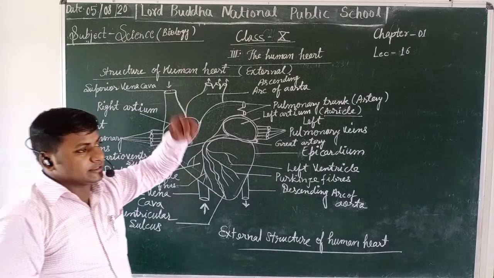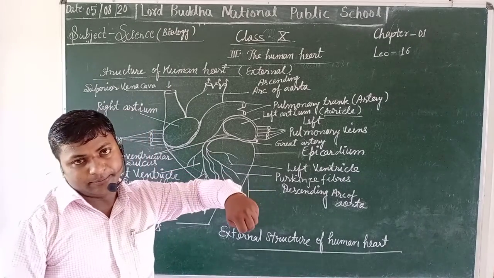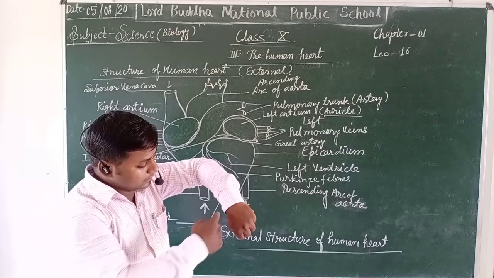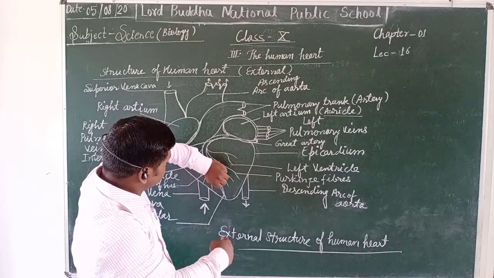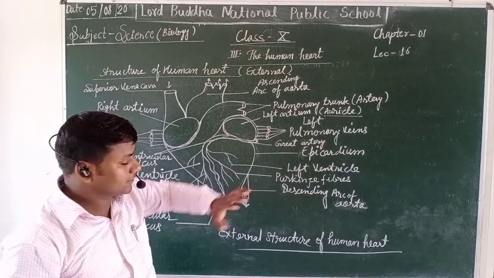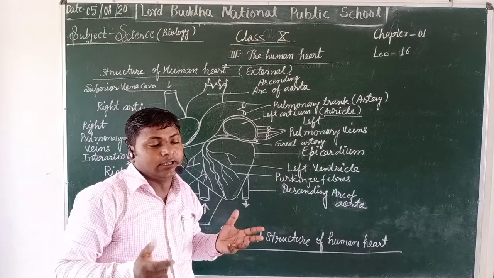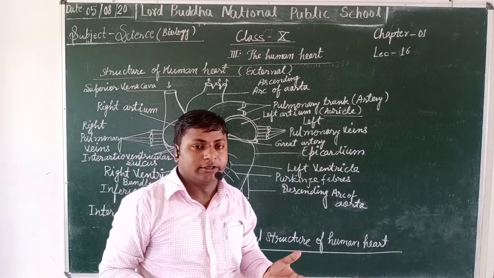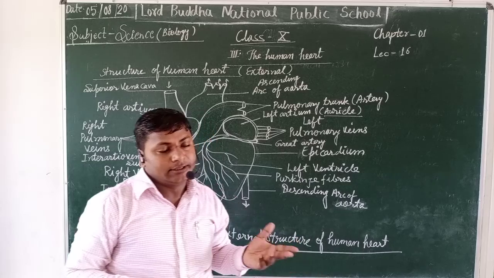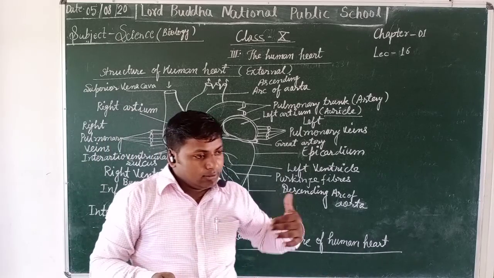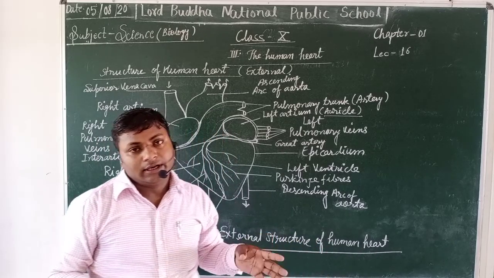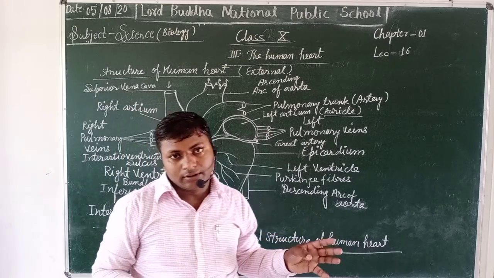A human heart is just closed fist shaped like this. It lies in between our both lungs. Its 2/3 part is located more toward the left side of the chest.